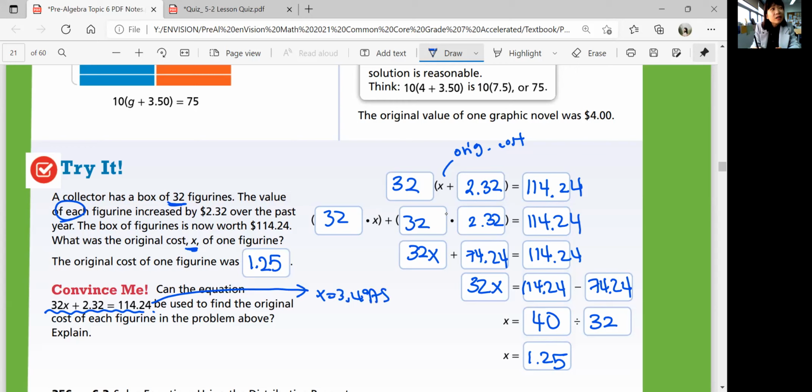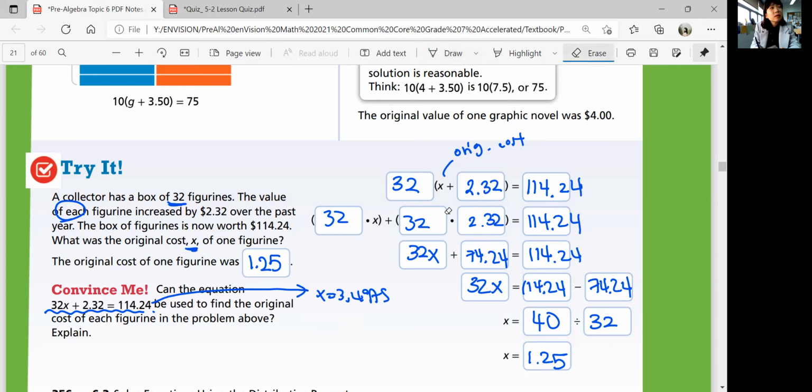Which one is correct, right? If you check, 3.4975 must satisfy the other equation that says 32 times the price must be 114.24.